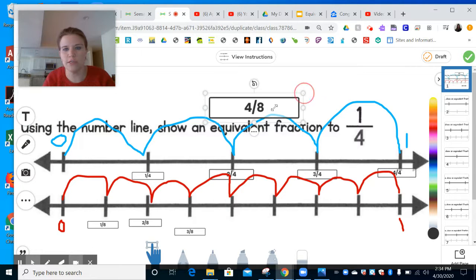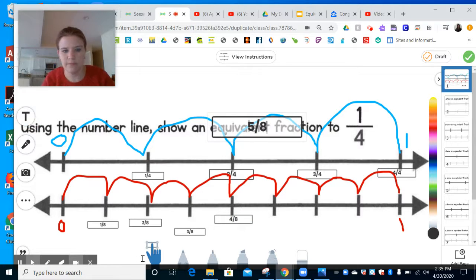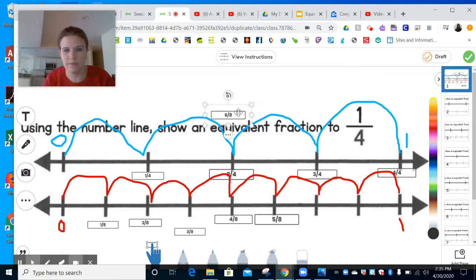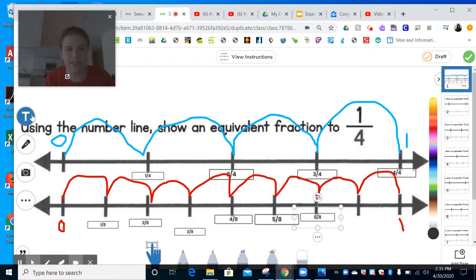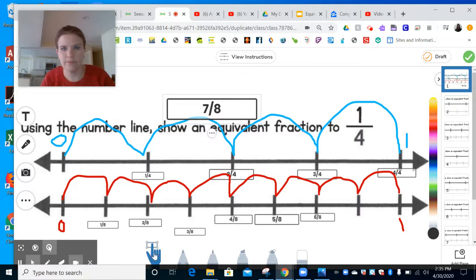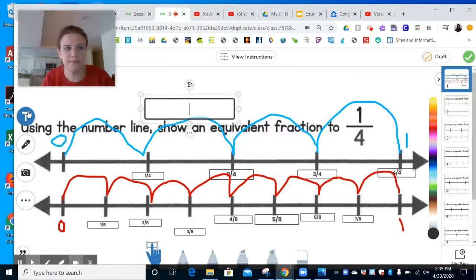This will just show me that you know what fraction you're working with. 5/8. 6/8. 7/8. And last but not least, 8/8.